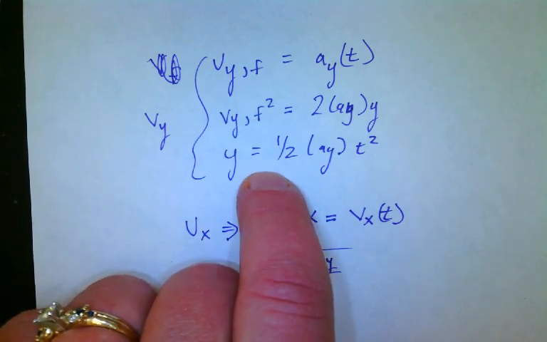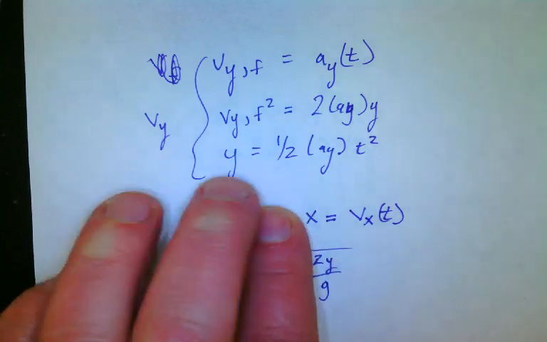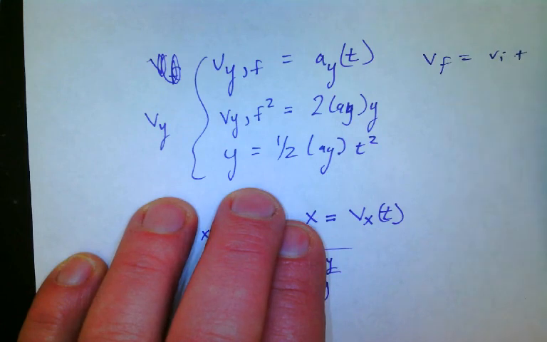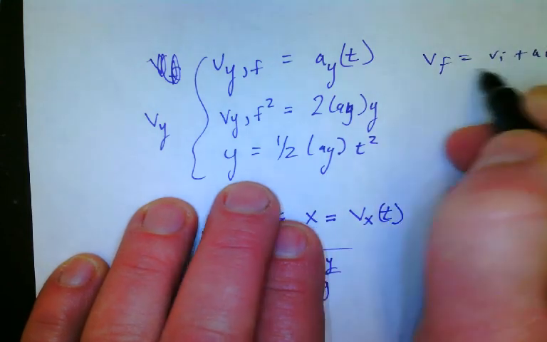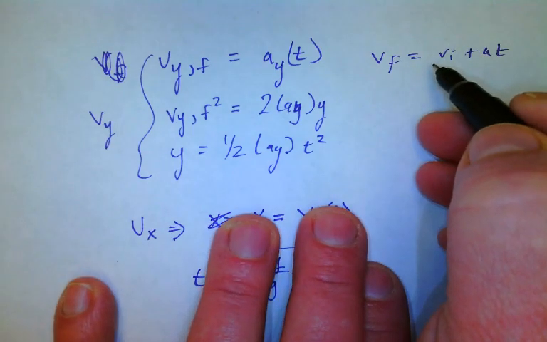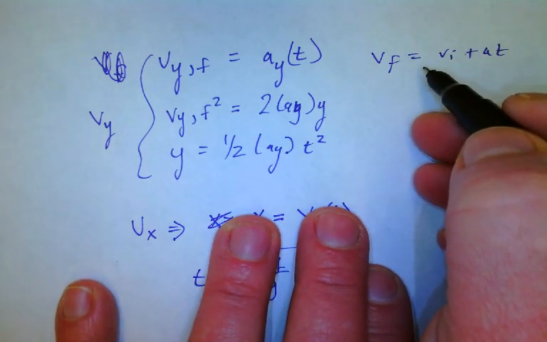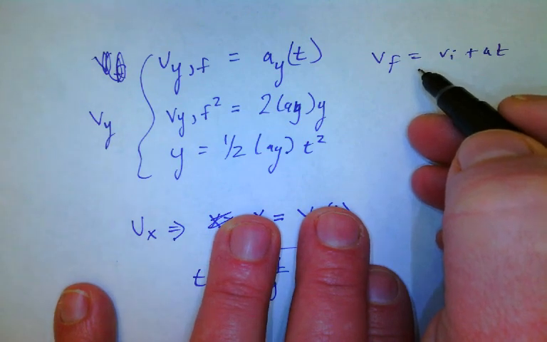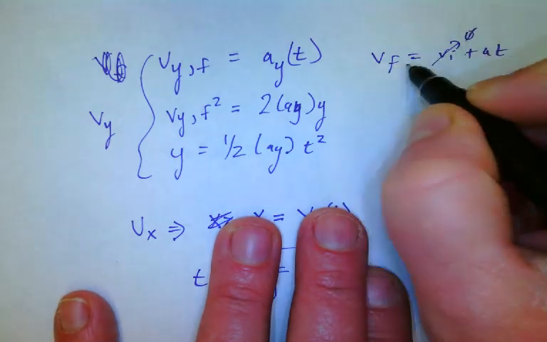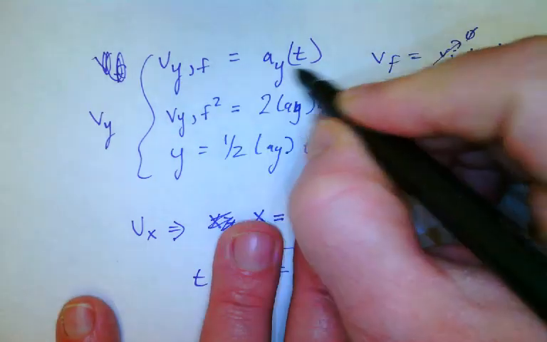We just drew these. Okay, now where did I get these equations from? Vf equals Vi plus At. That's where I got this equation from. What is Vy initially? Vy at the very beginning of the path is always what? 0. So this goes to 0, and it's stuck with At, and that's what this is.